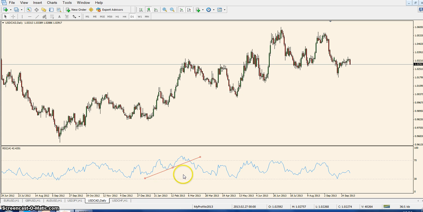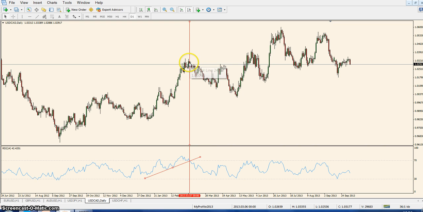Okay, now in order to find the entry, I look for a break from this trend line. So what I do is I find the corresponding point on the price when this trend line is broken, and that's here.